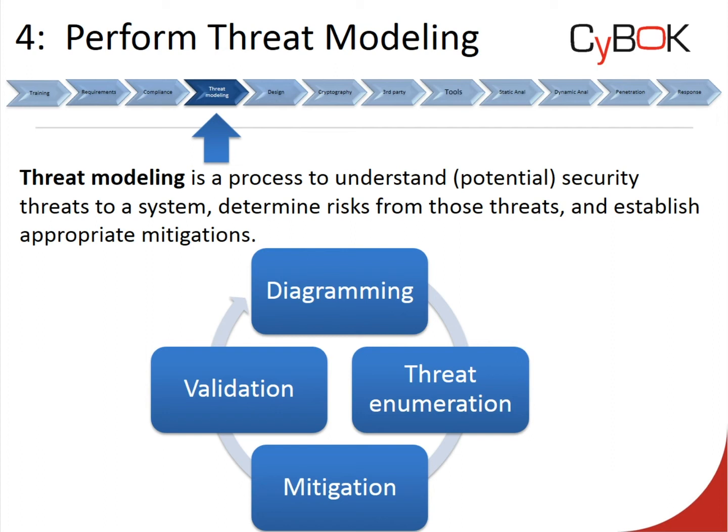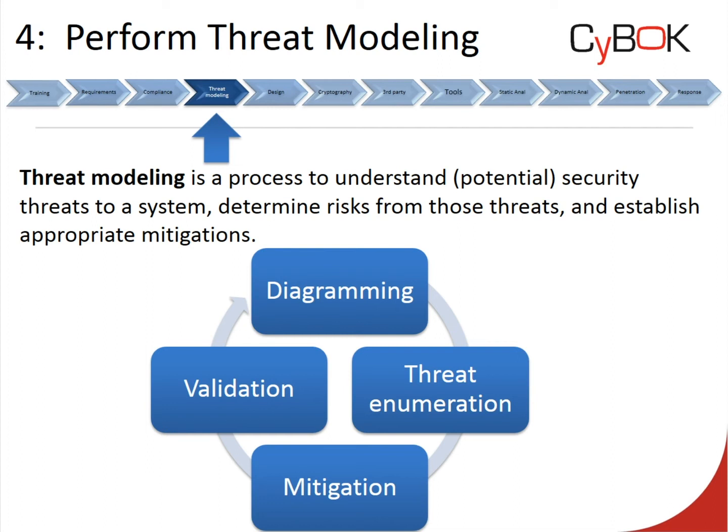So this is the diagram part. So you have an architecture diagram, a data flow diagram, and then the team collaboratively comes together and enumerates all the threats, all the different things that people can do from the outside for that architecture, and then decides how to mitigate those threats, and then validates that you actually have done that.